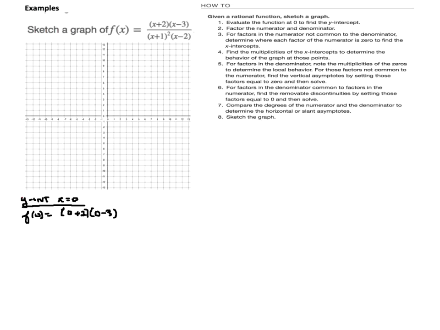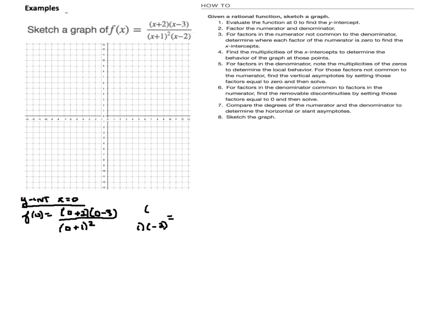So f of 0 equals (0 plus 2) times (0 minus 3) divided by (0 plus 1) squared times (0 minus 2). Okay, so this is 2 times negative 3 divided by 1 times negative 2, negative 6 divided by negative 2. So I have a y-intercept of positive 3.